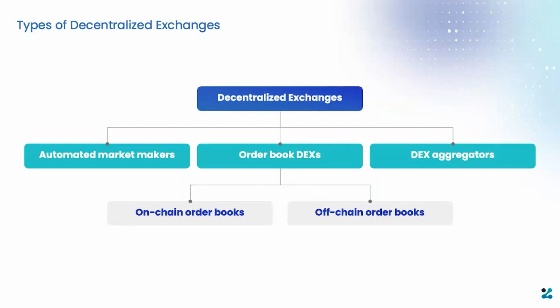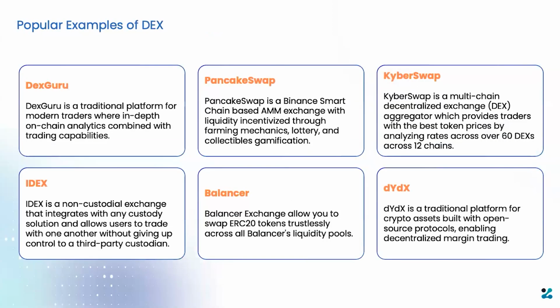Some popular DEXs are PancakeSwap on Binance, Uniswap on the Ethereum ecosystem, Balancer, KyberSwap, DeFi.DEX. They started with one chain, but now most of these exchanges have become multi-chain. So you can use Uniswap on different chains now.